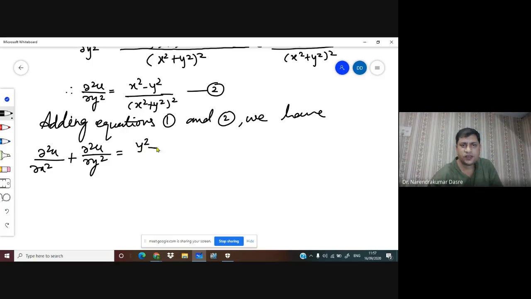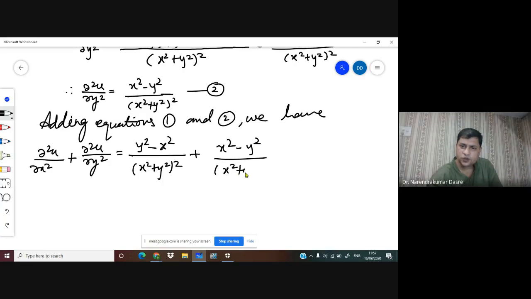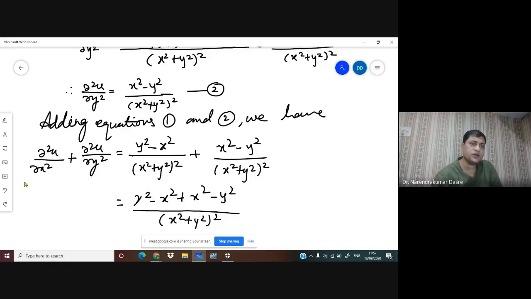So first we have y square minus x square upon x square plus y square, bracket square, then plus x square minus y square upon x square plus y square, bracket square. So this we can write as y square minus x square plus x square minus y square upon x square plus y square, bracket square.